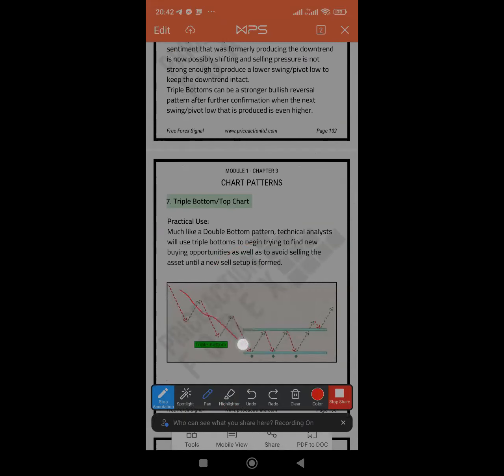The first low goes back and creates the second low, which is nearly equal. Then it goes back and creates the third low, which is nearly equal to the two previous lows. Then it breaks the neckline, retests, and continues. That's how a triple bottom works. So it works kind of the same way a double bottom works, but the difference is just that there are always three nearly equal lows or equal lows.